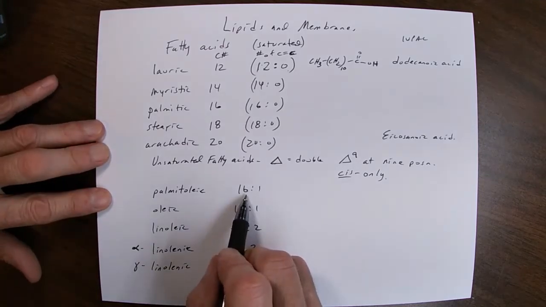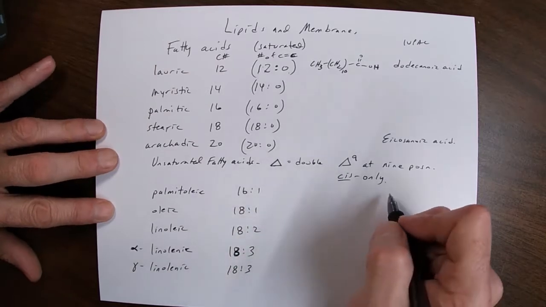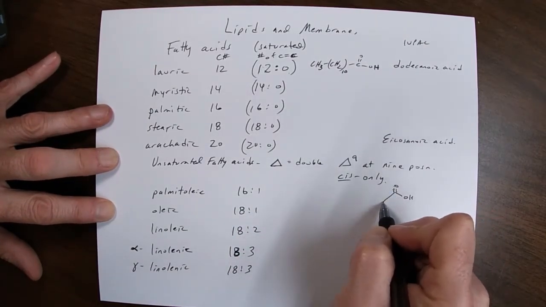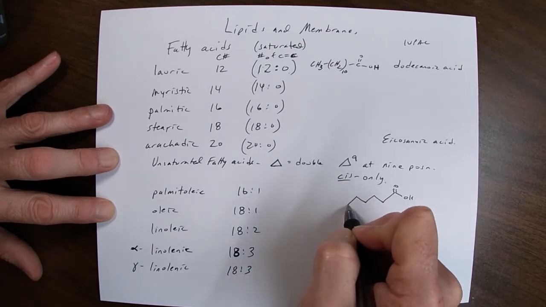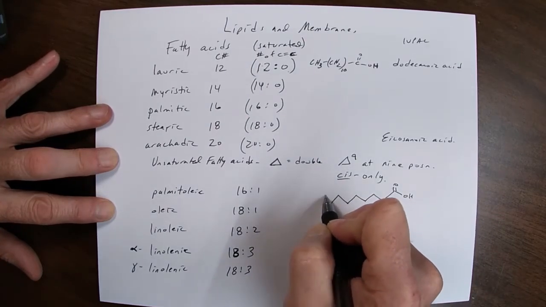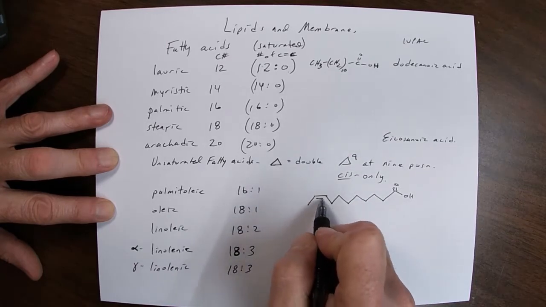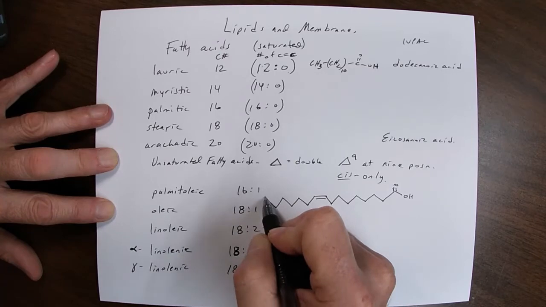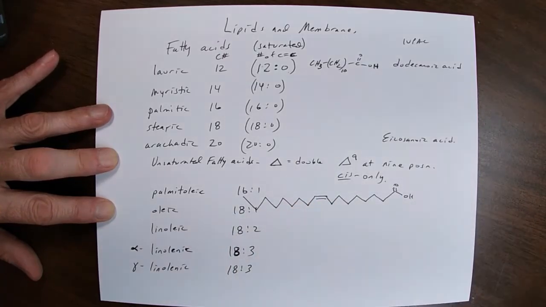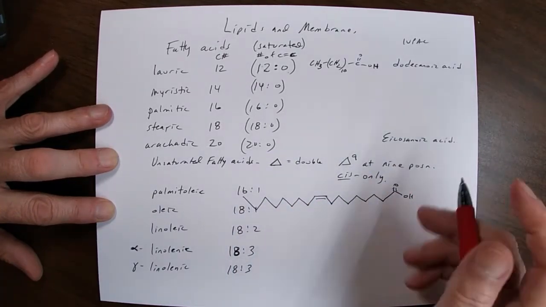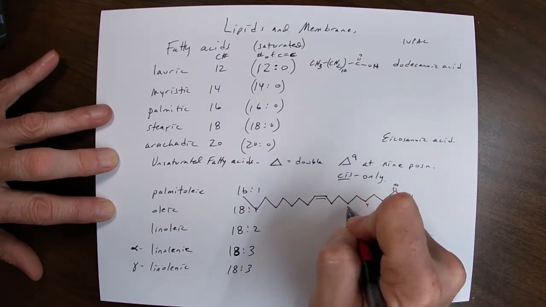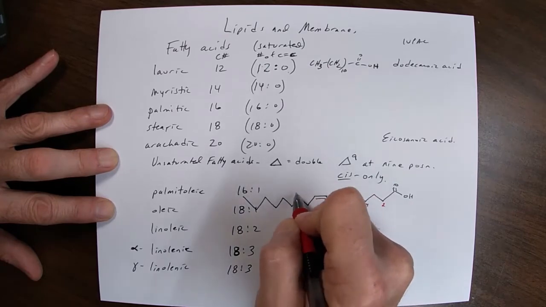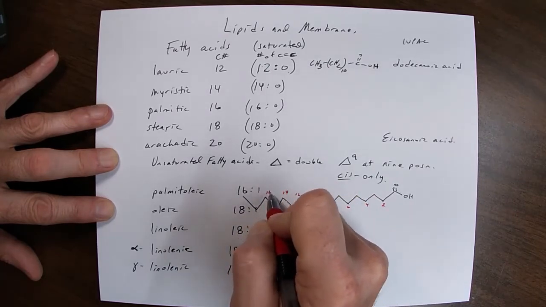Okay. Now, with the double bond, I'm going to have to draw this out fully. So there's 2, 4, 6, 8. 9 has the double bond and the cis. So 9, 10, 11, 12, 13, 14, 15, 16. So count your carbons because I'm going to. 2, 4, 6, 8, 9, 10, 11, 12, 14, 16.